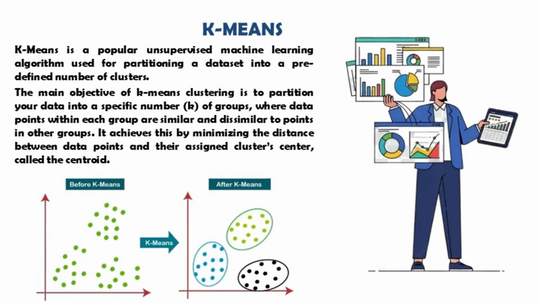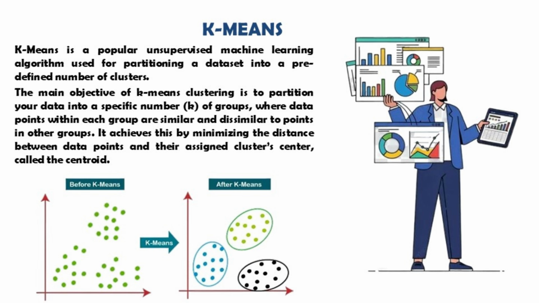Okay, so I would like to use k-means as my machine learning model. And if you don't know what k-means is, it is a popular unsupervised machine learning algorithm used for partitioning a data set into a predefined number of clusters.